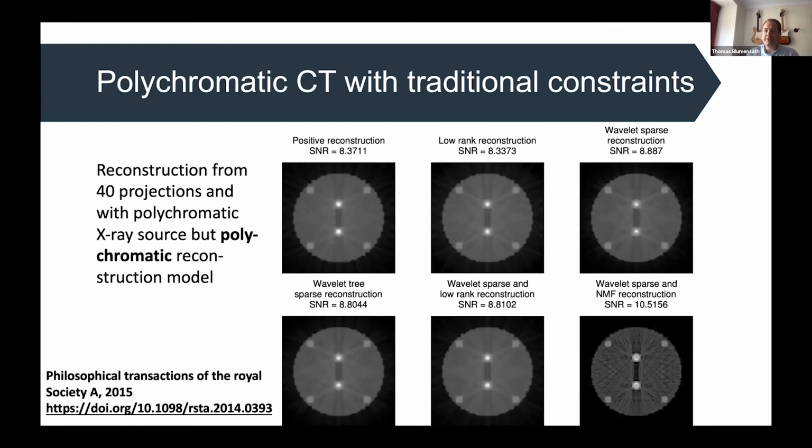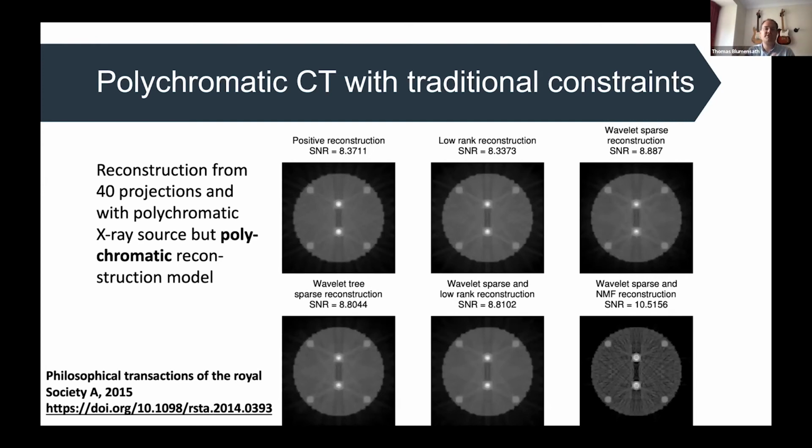In this model, we can use other models to regularize. For example, we can use what's called a non-negative matrix factorization on top of our wavelet. In space, we want wavelets, which try to make things spatially smooth. But if you think of the data as a space by energy data set, we can decompose that into a non-negative matrix factorization, where we decompose one matrix into 2 smaller matrices, one a spatial matrix and the second an energy matrix.